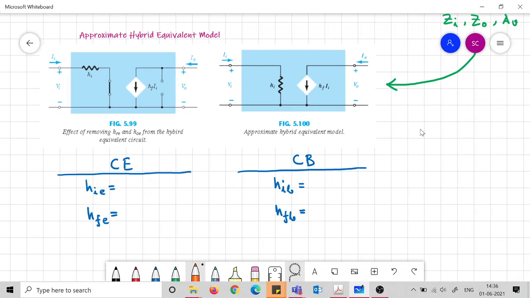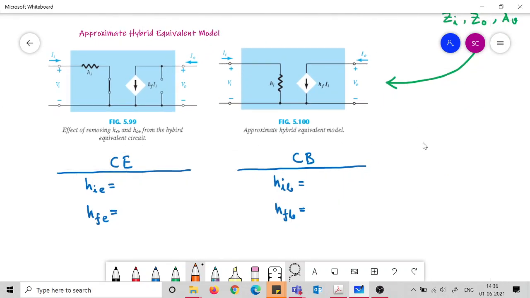So let me see how well you remember the RE equivalent model of the common emitter and the common base. For the common emitter and common base, the RE equivalent model was slightly different. So please remember the common emitter RE equivalent model and tell me what was the resistance that was coming in the common emitter model.